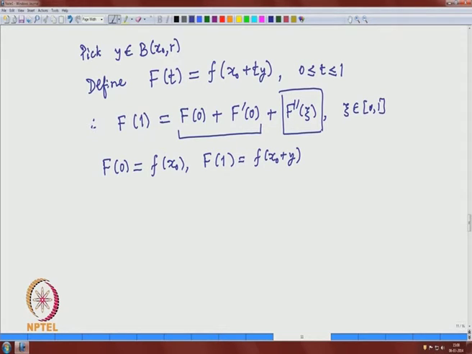And by chain rule, F prime t, so this is a function of n variables.